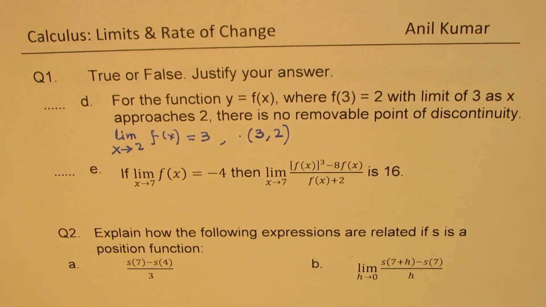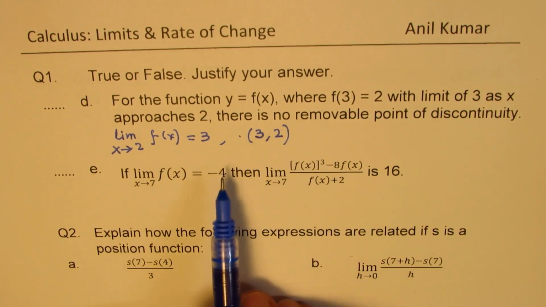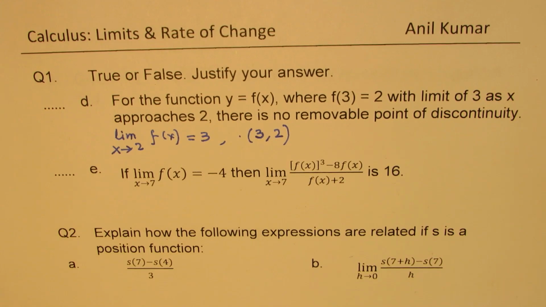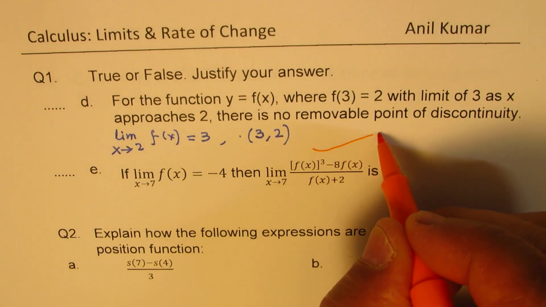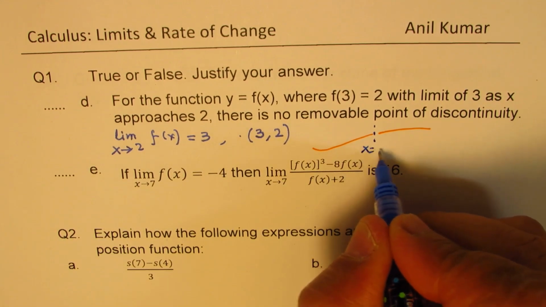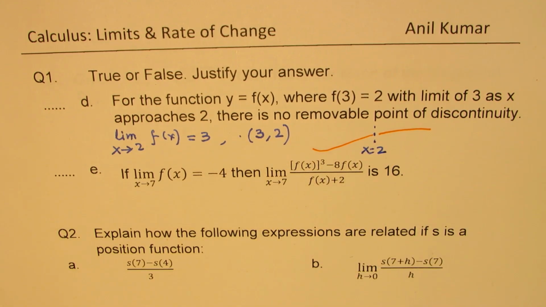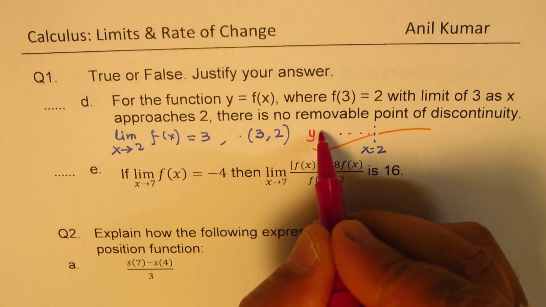So now, there is no removable point of discontinuity, right? That is what the question is. What do you think the answer is? Well, this is very similar to what we had earlier. There could be any function. So now we are saying that when you are approaching 2, let's say we have a function, right? So when you are approaching 2, that is, if this point is x equals 2, then the y value is 3.